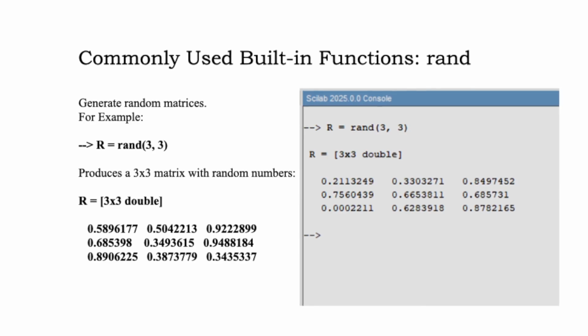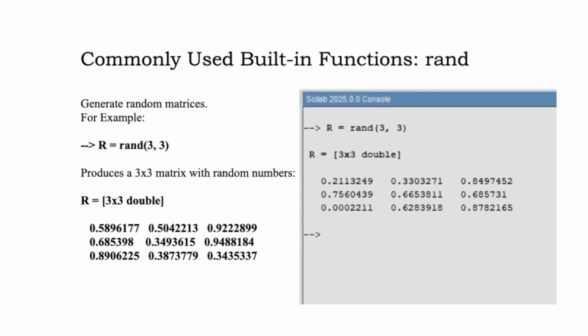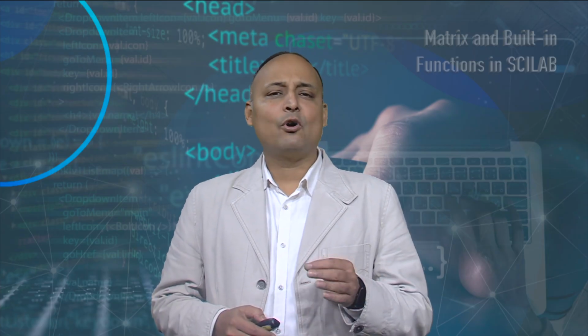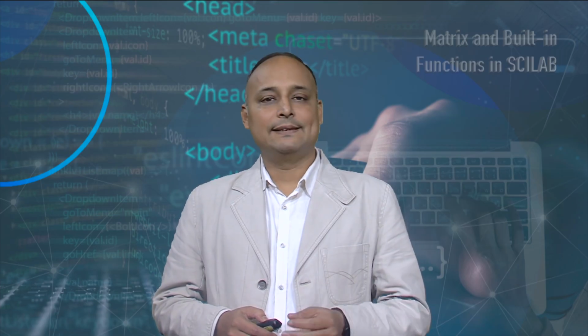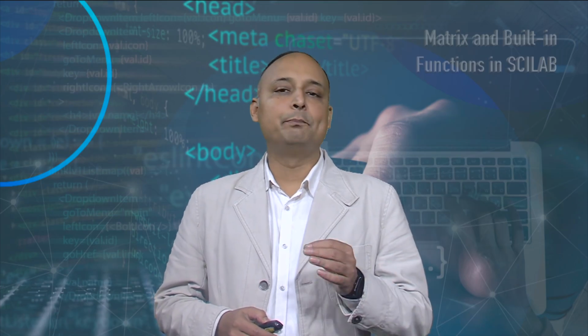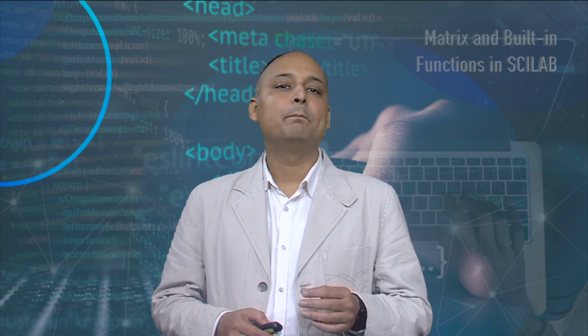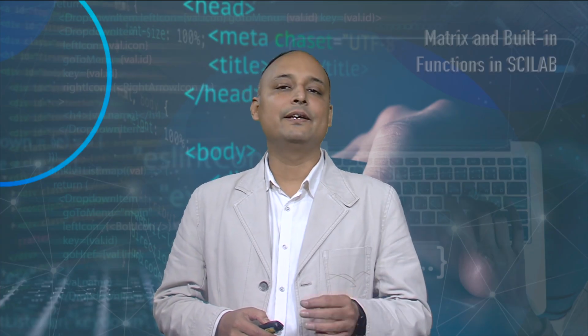Here R is a matrix having random numbers. Dear learner, Scilab offers flexible syntax and various built-in functions to create and manipulate matrices efficiently. Understanding these foundational concepts is crucial as matrices are the backbone of data manipulation in Scilab.